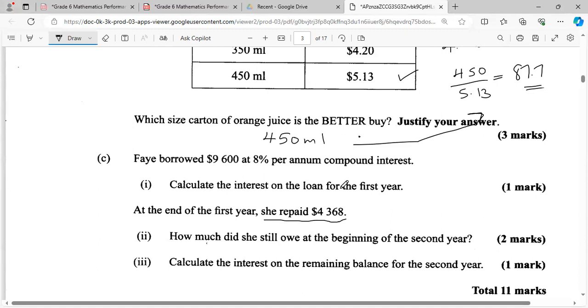So she borrowed 9,600 at 8% per annum compound interest. Calculate the interest on the loan for the first year. It's per annum, so this is per year. So this is 1 year.